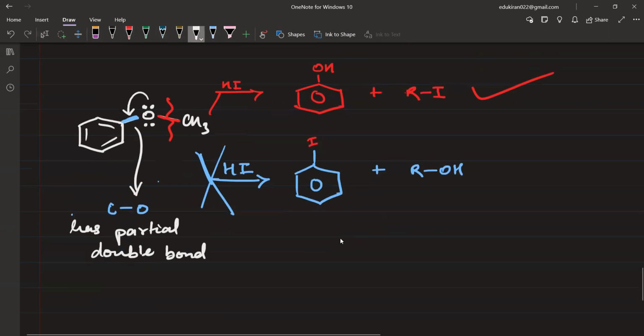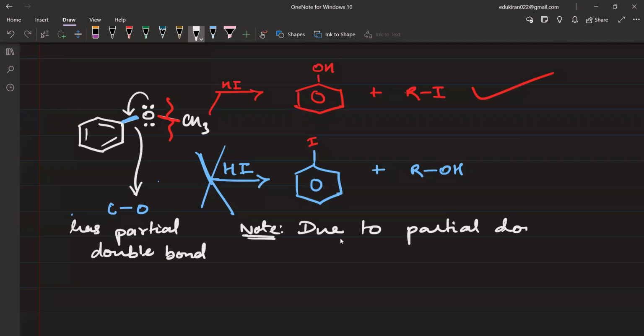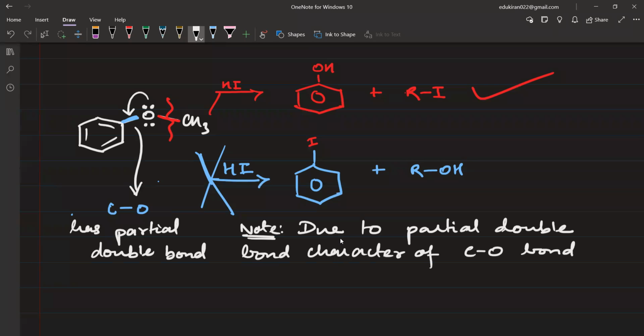You will write here as a note, on the downside. Due to partial double bond character of the CO bond between benzene and oxygen, it is difficult to break.